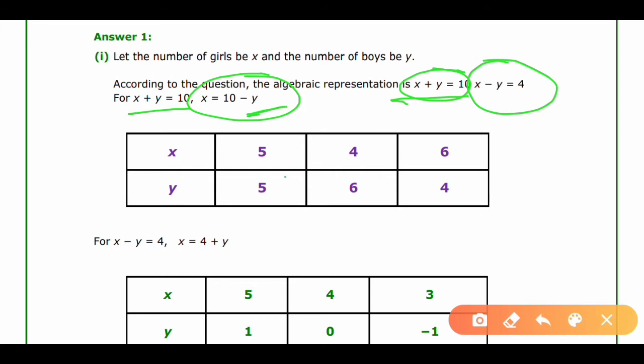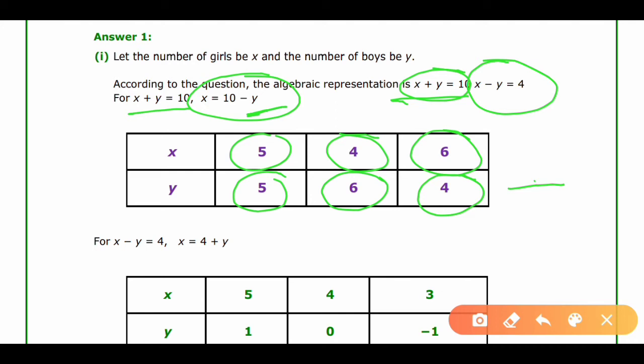First we'll put Y equals 5, we get X equals 5. When we put Y equals 6, we get X equals 4. Again when we put Y equals 4, we get X equals 6, and so on.